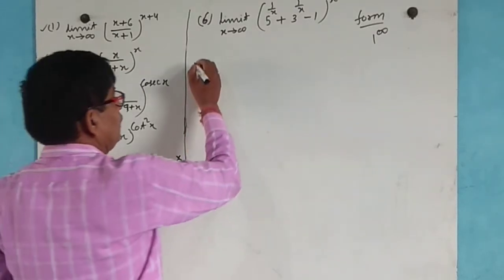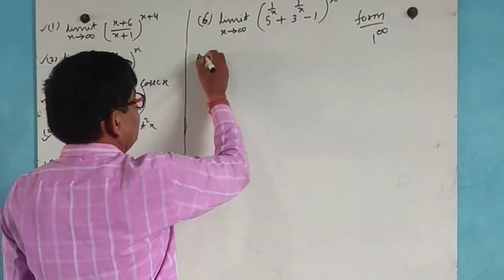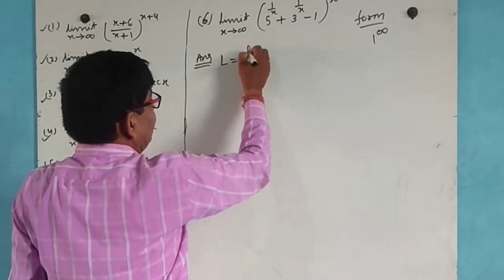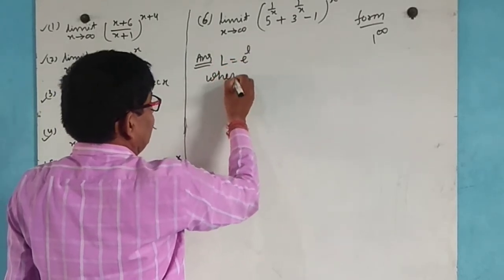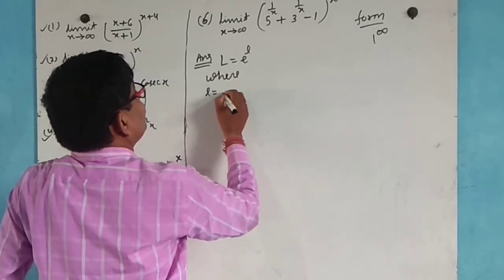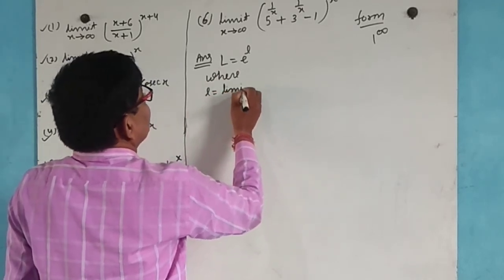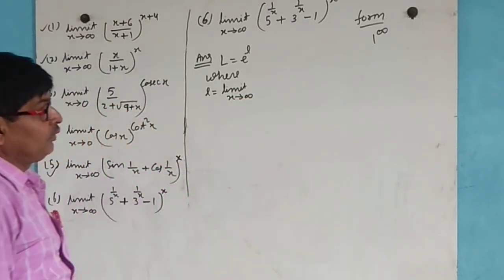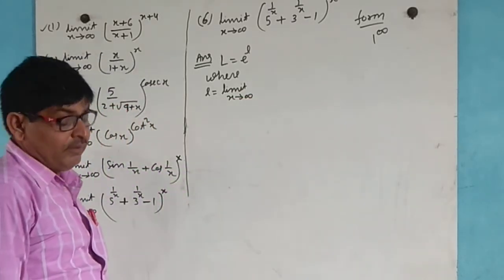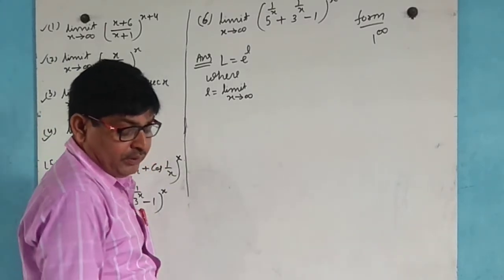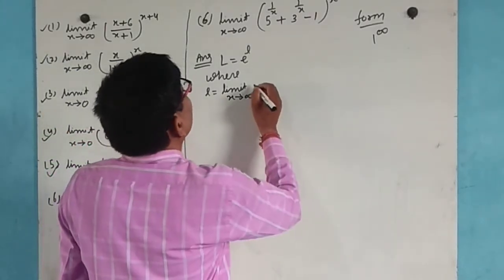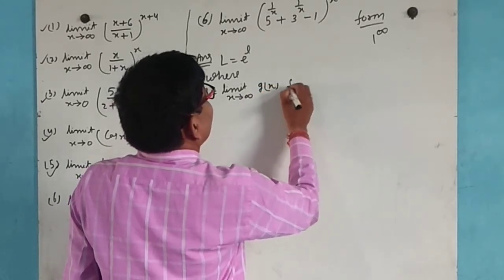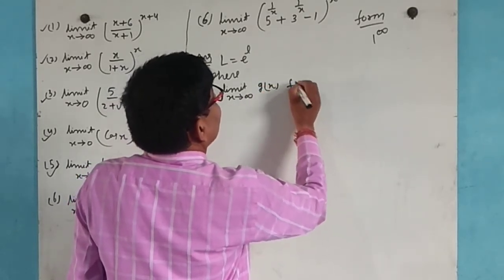The answer will be e to the power L, where L is equal to limit x tends to infinity of g(x)(f(x) minus 1).